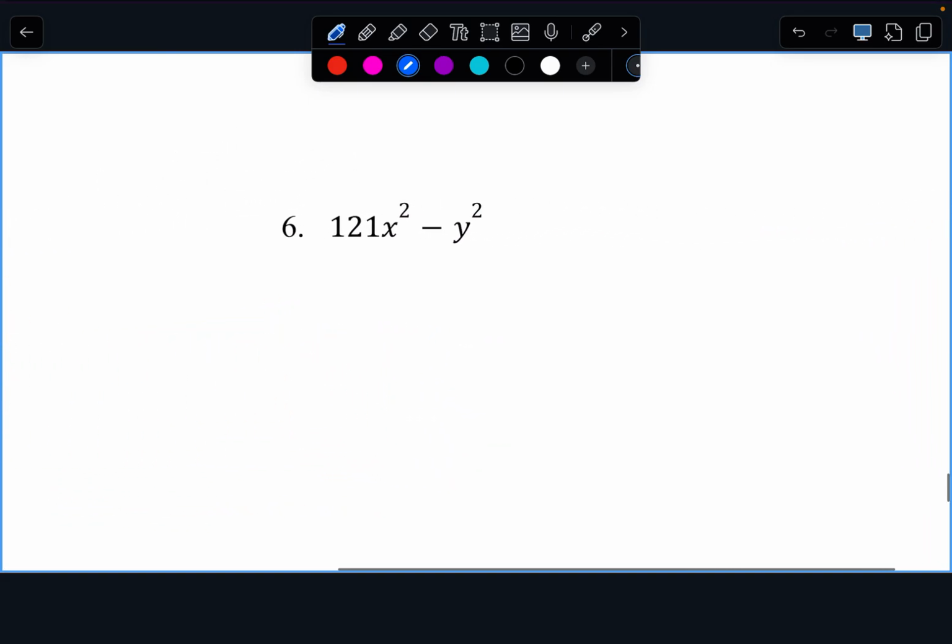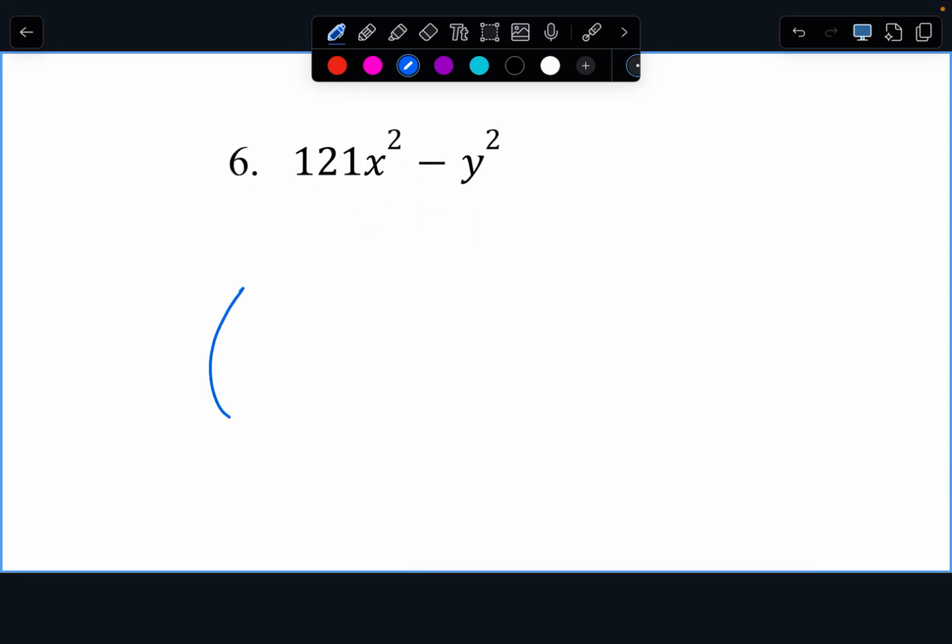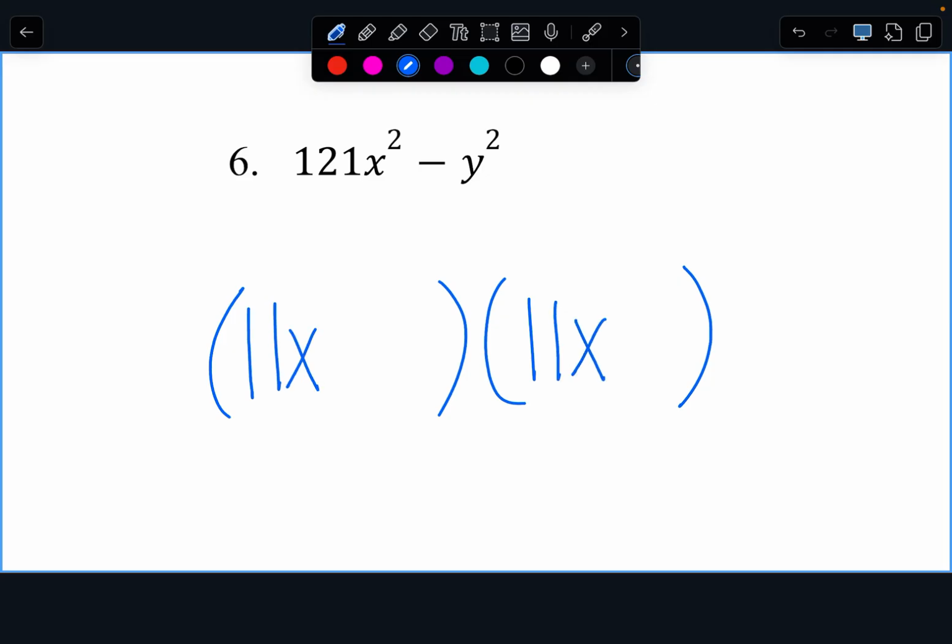Last question. Any idea how we would factor this one? 11x. What about the second part?